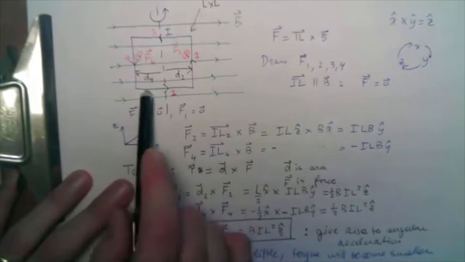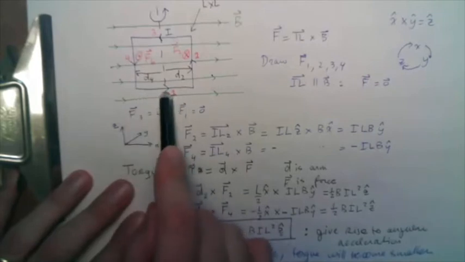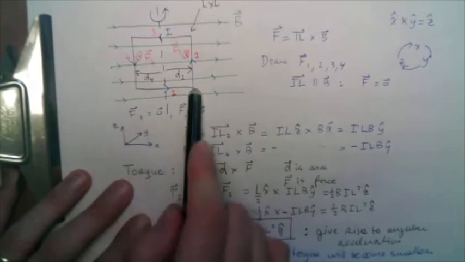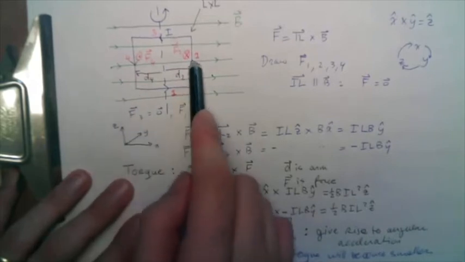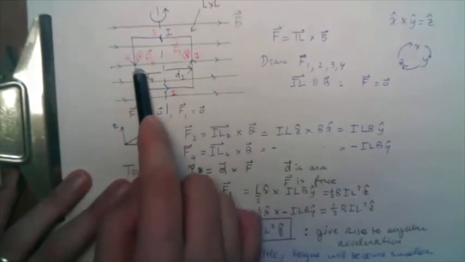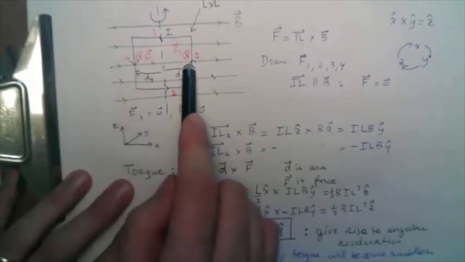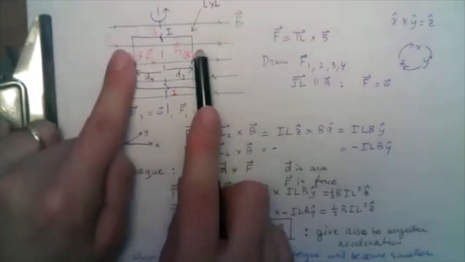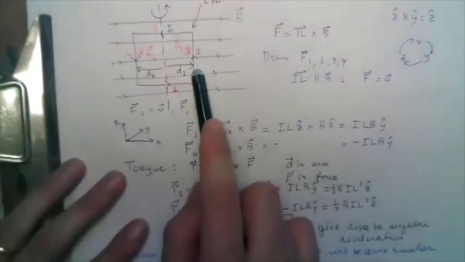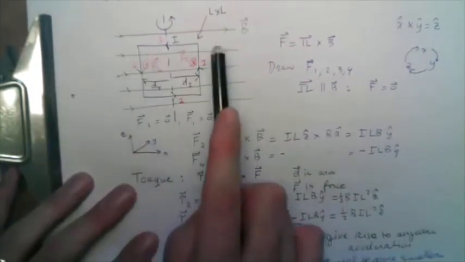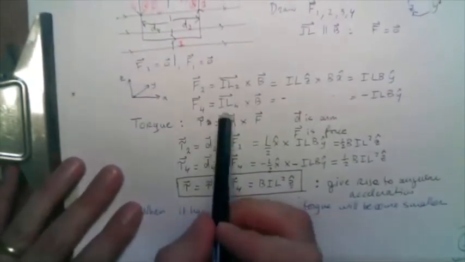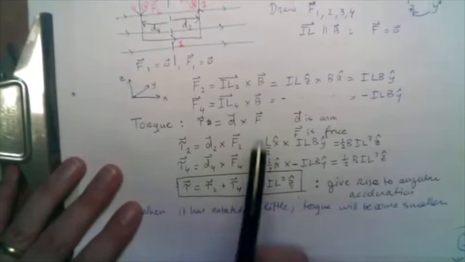We made it square, and then there was a magnetic field placed in this direction, and therefore a Lorentz force acting on this segment, and a Lorentz force acting on this segment. This one was pointing into the paper, this one was out. As a result there was a torque that caused it to turn this way, and we were able to calculate that torque using the definition d crossed F.